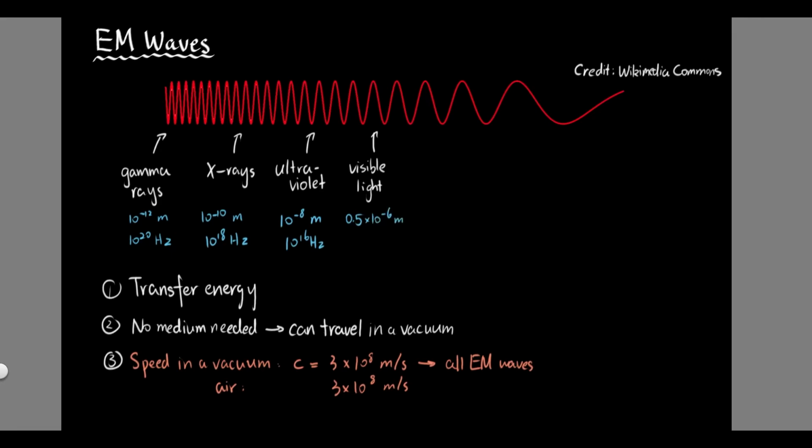So as you can see, when we move from one type of wave to another, we multiply the wavelength by around 100. The wavelength is around 100 times the previous wave or something like that. You don't have to know that for the syllabus, but it's a fun fact. And the frequency is around 10 to the 15th hertz.